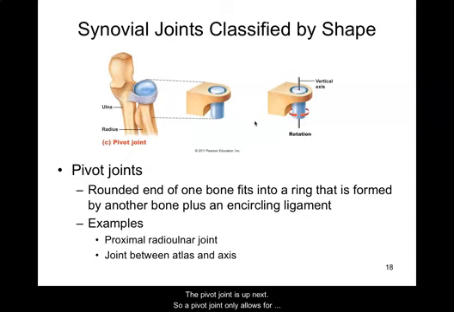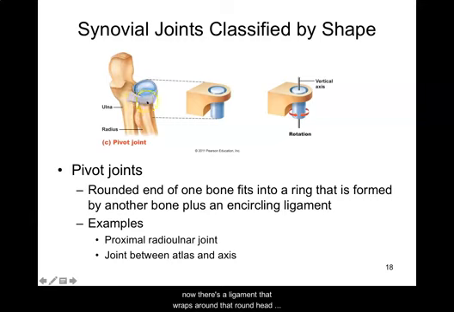The pivot joint is up next. So a pivot joint only allows for twisting or rotation movement, we call it. The example we're looking at here is the rounded end of the radius, kind of looks like a radial tire, right? That's where the name comes from. Radius, radial, circular. And then it fits right here into the radial notch of the ulna.